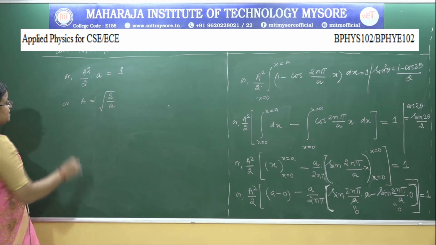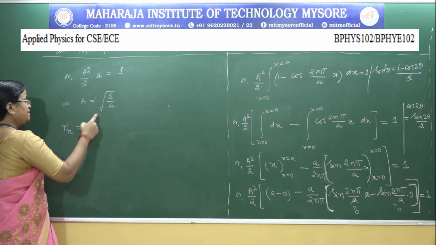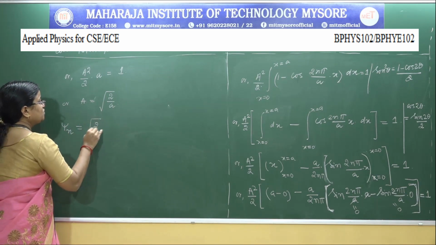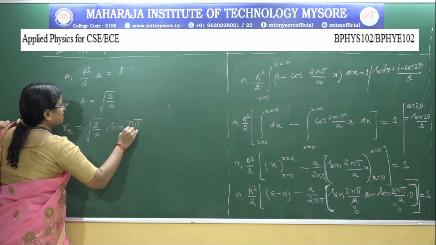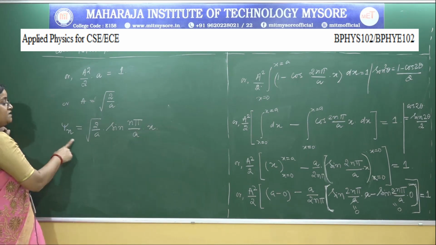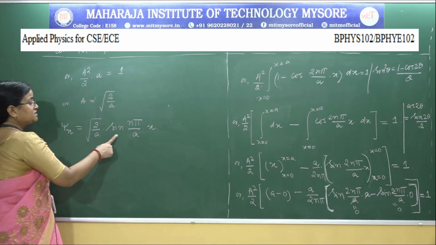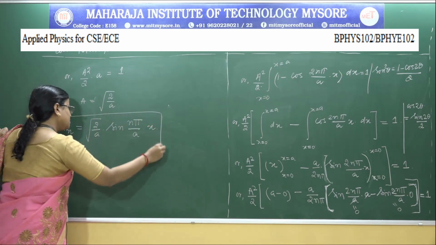So, if we substitute in the function psi n, the value is root 2 by a sin of n pi by a into x. Psi n is equal to root 2 by a sin of n pi by a into x.